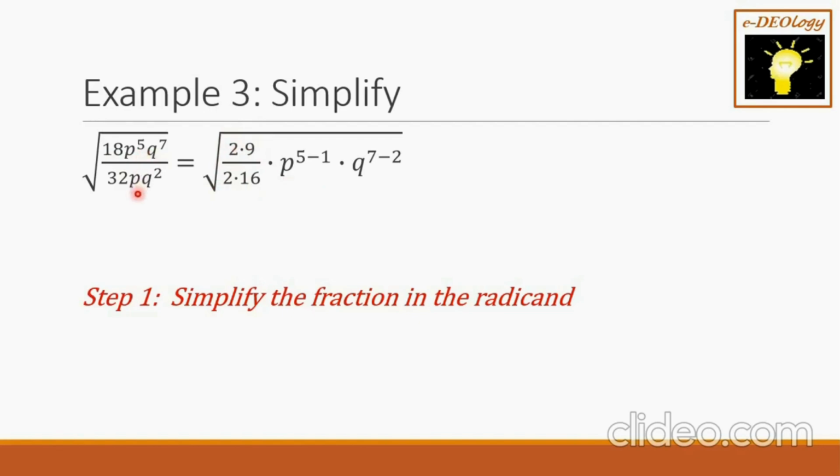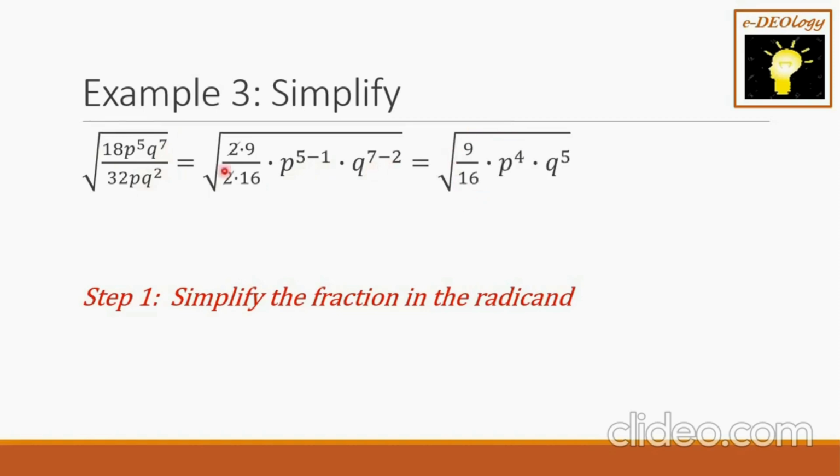There is p in the denominator with exponent 1. So we can show that this is p raised to the difference of 5 minus 1. And for the q, we have in here q raised to 7 in the numerator. We have q squared in the denominator. So we can combine them by putting q raised to the difference of 7 minus 2.